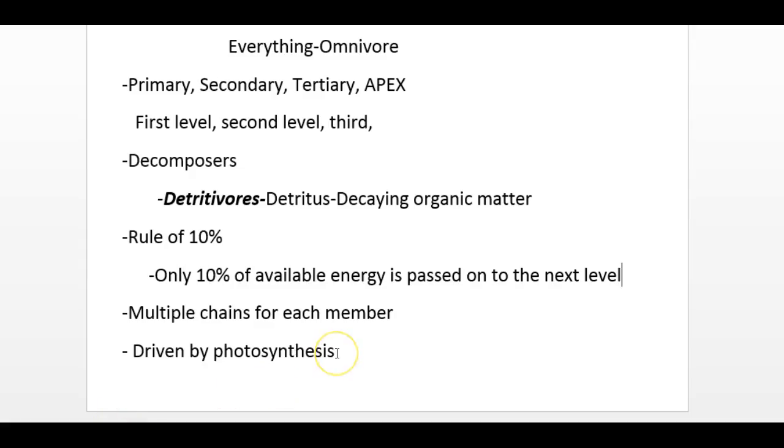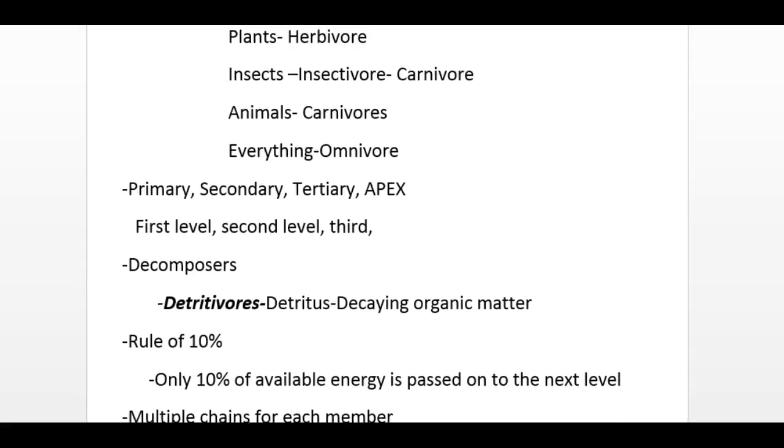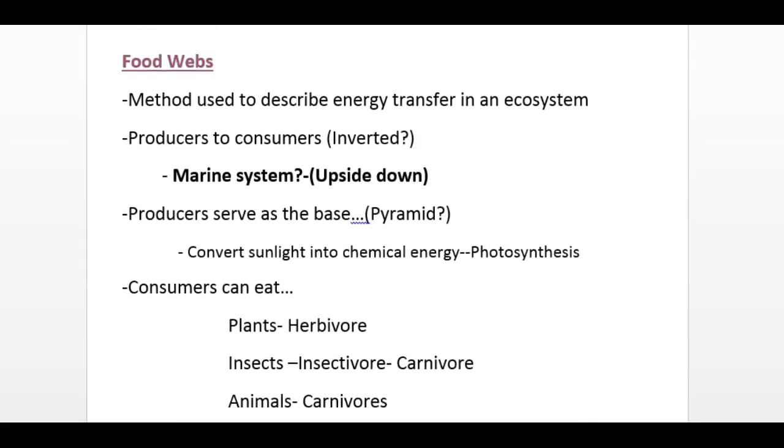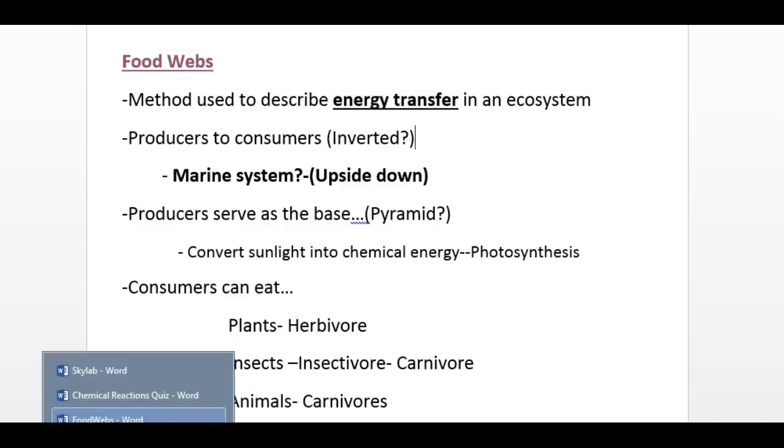Okay, and in the end, this is all driven by photosynthesis. So just keep these ideas in mind. I just wanted to introduce you again to some of these terms and go over them with you, see if you have any questions. Remember this idea that in these food webs and these chains, it's an energy transfer, and oftentimes you'll see they have arrows in them.